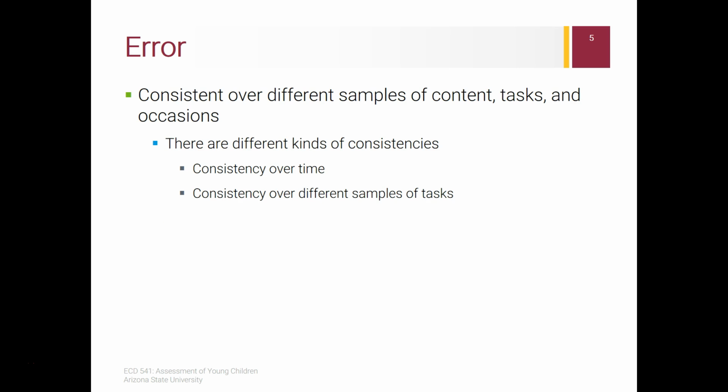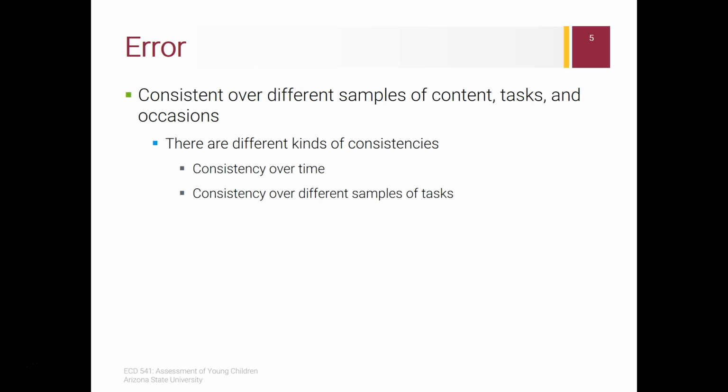We can draw several important conclusions from this discussion. Interpreting assessment results of a student obtained on a particular occasion with a particular sample of tasks has definite limitations. Assessment results must be reasonably consistent. Perfect consistency is not possible over different samples of content, tasks, and occasions.